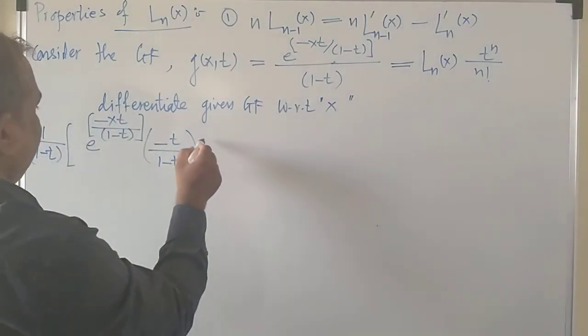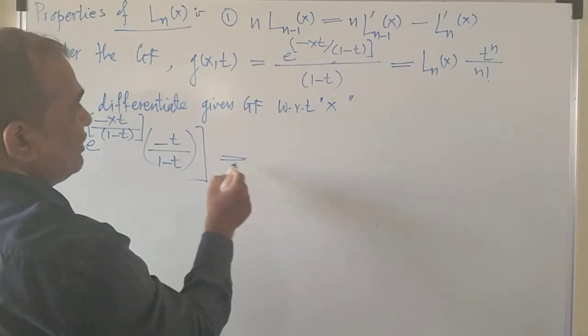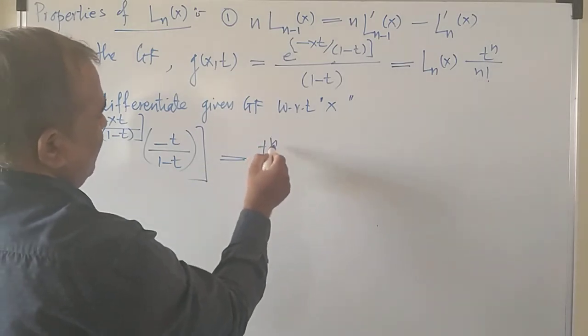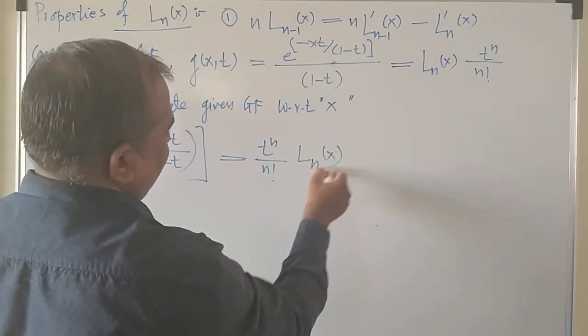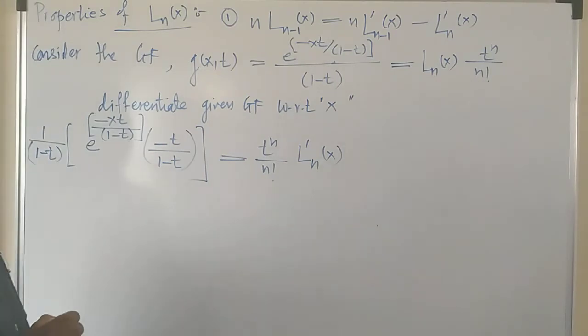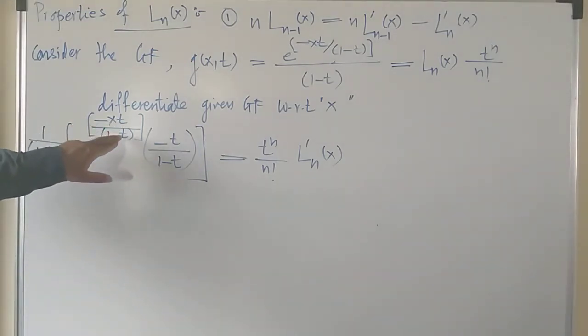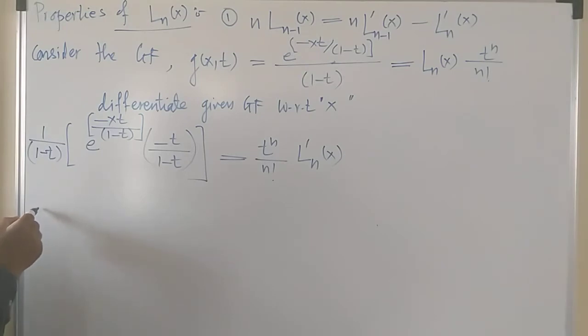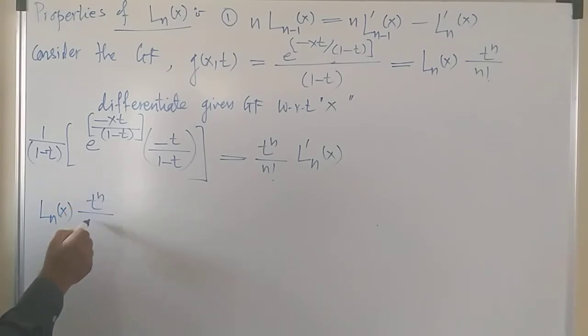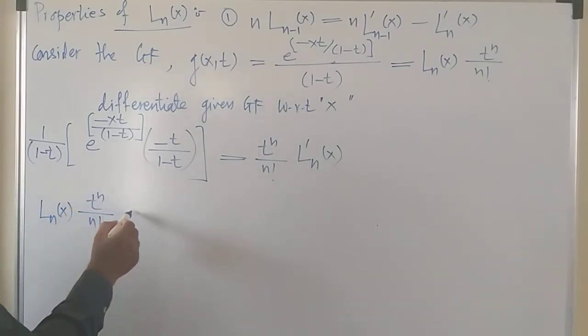You will get this kind of differentiation, and this is equal to t raised to n upon n factorial, which is again a constant, and the differentiation of Ln(x) is Ln dash of x, right? Now once the differentiation is done, e raised to minus xt upon 1 minus t, divided by 1 minus t, is again a Laguerre polynomial, and hence for this I will write Ln(x) into t raised to n upon n factorial into minus t.